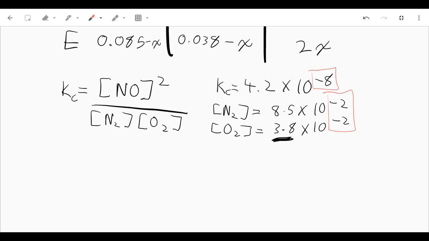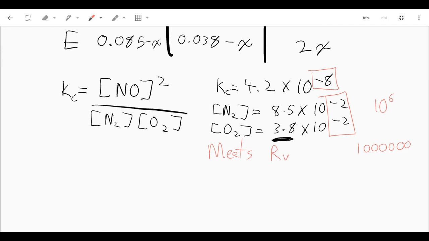So this is a difference of a factor of 10 to the power of 6 between these two. That would be equal to a factor of 1 million. That is much greater than the rule of 1,000. So this meets the rule of 1,000.